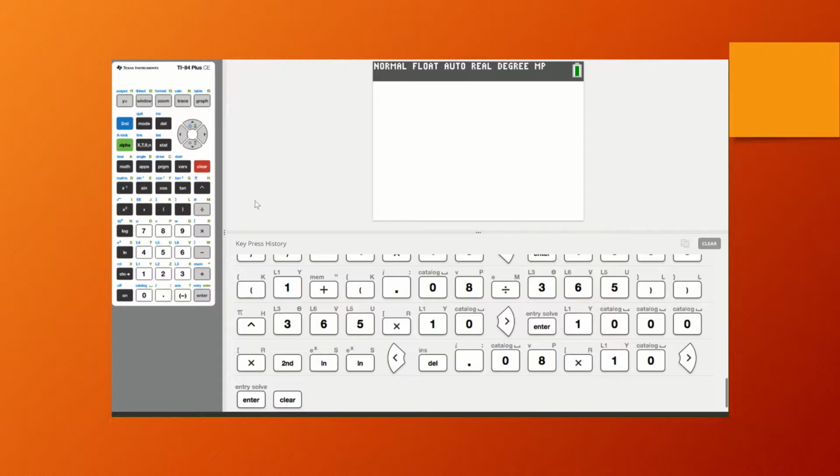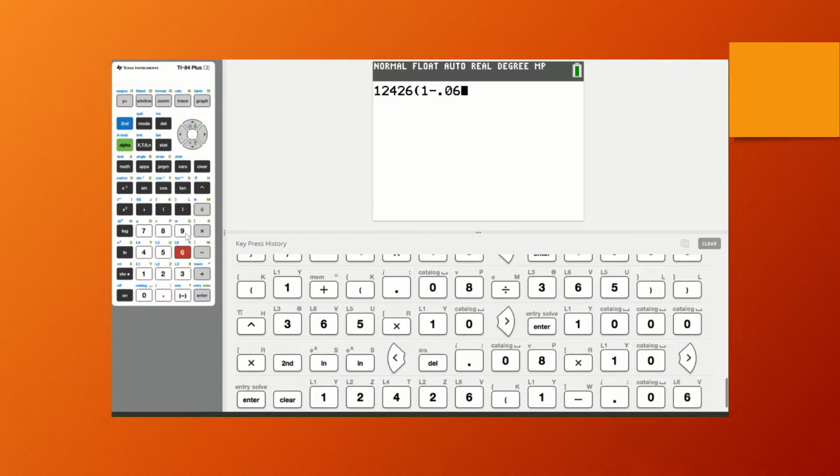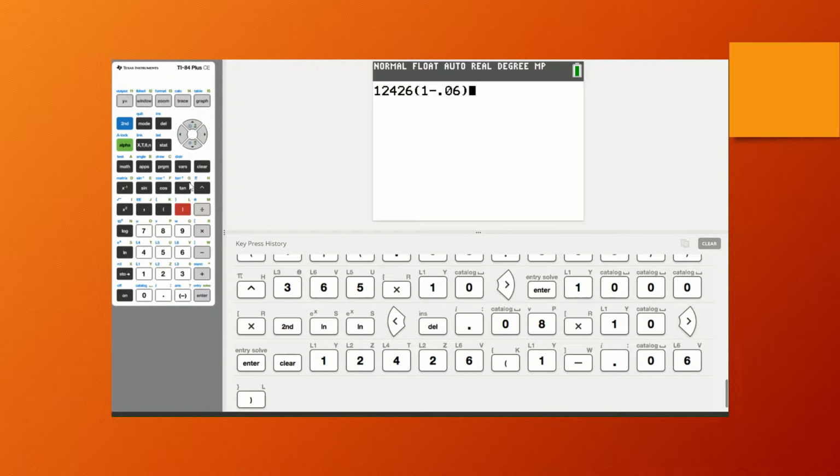All right, well, let's make some predictions based on these. We've got this town with a population of 12,426 currently. If we had an annual rate of decay, we would have 1 minus 0.06, and let's do it first 5 years out, so we raise this to the power of 5.